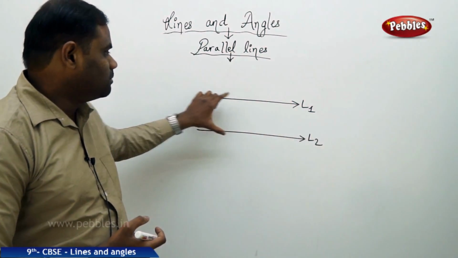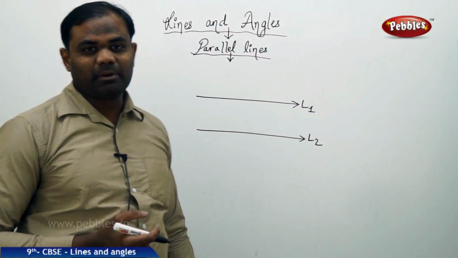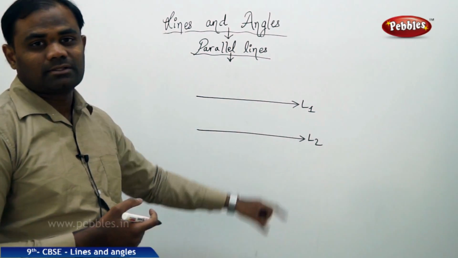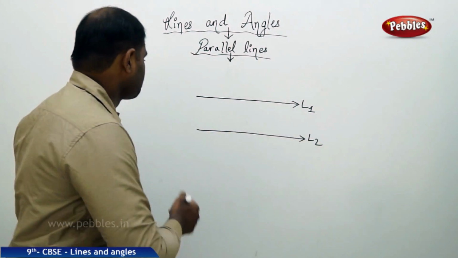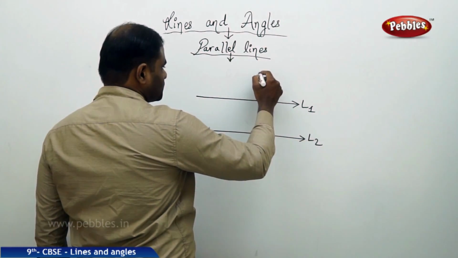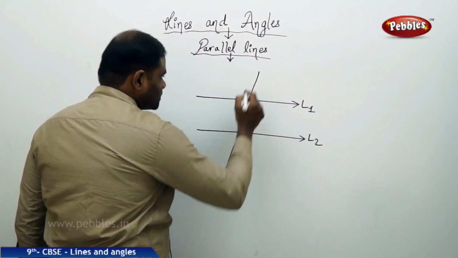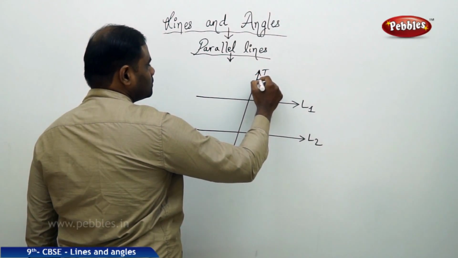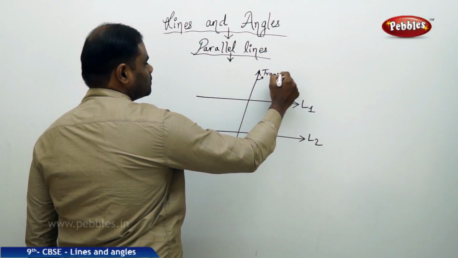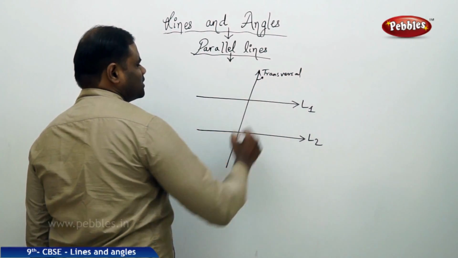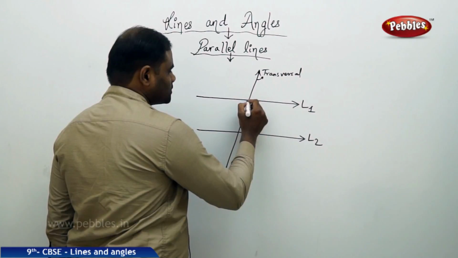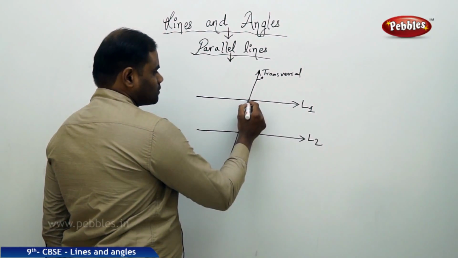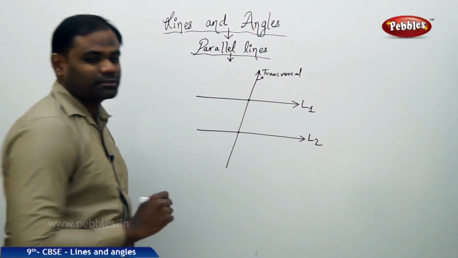And interestingly, there will be equal distance at every pair taken on the two lines. They are at equal distances everywhere. And let me say there's a transversal which cuts the lines L1 and L2 at these two distinct points, these two points of intersection.